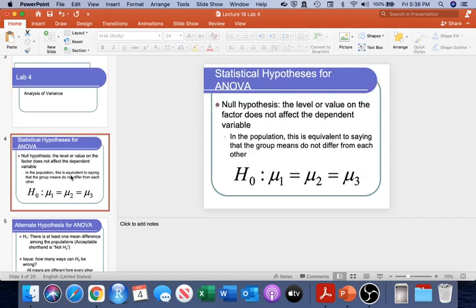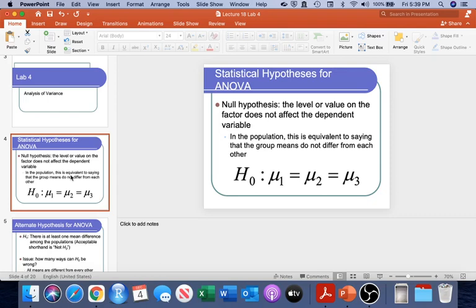The reason why we learned about analysis of variance is because we were interested in studying studies that have more than two groups. Previously in the semester, we learned about t-tests, which allow you to look at differences between two groups. Analysis of variance allows you to look at differences between three different groups or more.